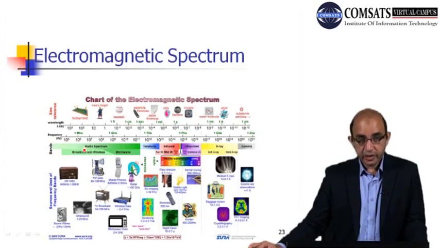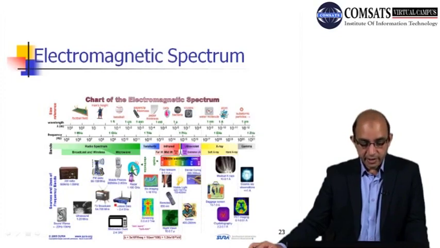You can see that we have the radio spectrum and its utilization: FM radio, mobile phones, radars, and different technologies. Ultrasound for medical imaging, and then sound waves between 20 Hertz to 10 kilohertz, microwave oven, wireless communication. This is all being done in the radio spectrum.